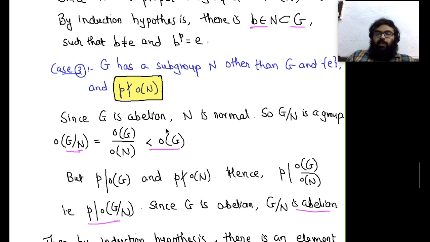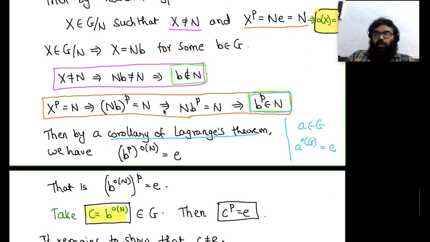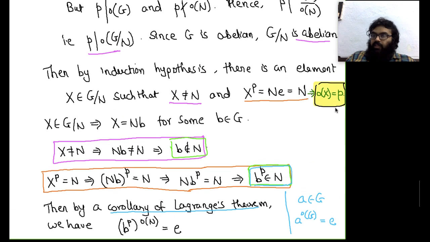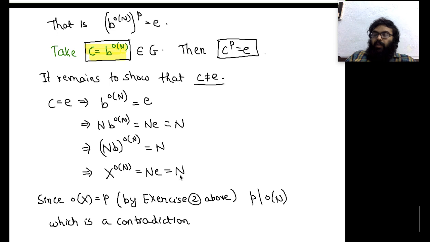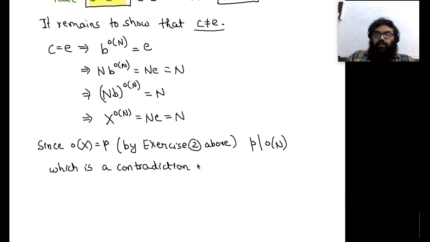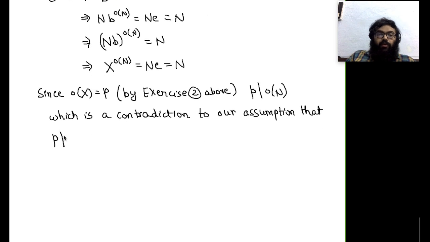Right? This was our case, p does not divide order of n, but here we have got order of x is p, and x power order of n is also identity, so p divides order of n, which is a contradiction to our assumption that p does not divide order of n in this case.